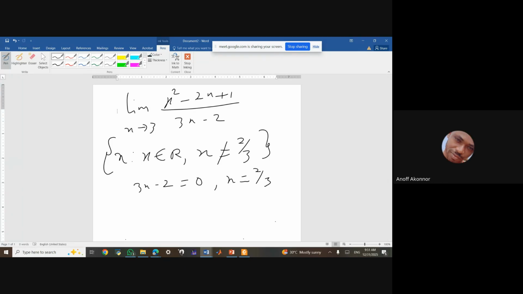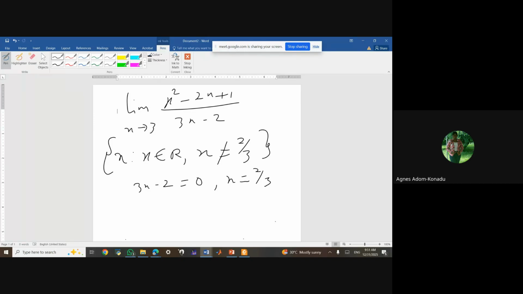It means that at 2 over 3 the function is undefined. So 2 over 3 is not in the domain. When you talk about the domain, we are talking about the values of s that will make this function defined. So any value that will make this function undefined is not in the domain.